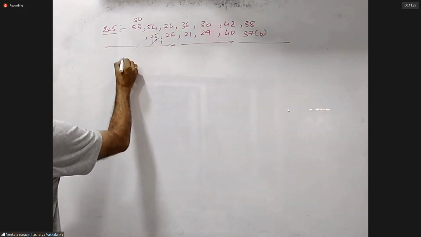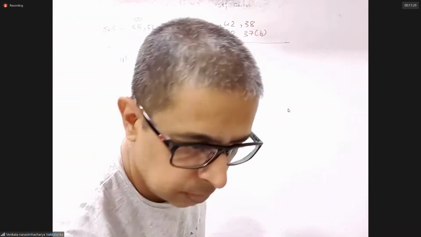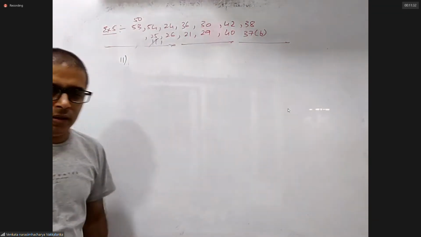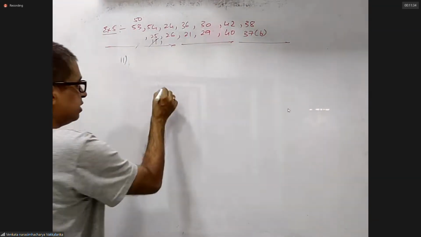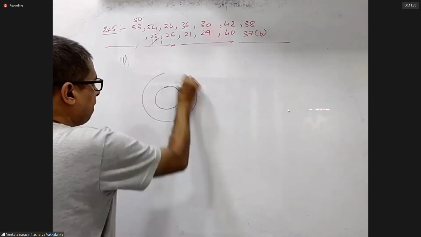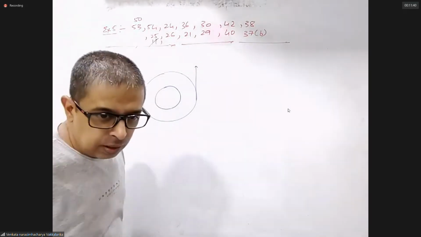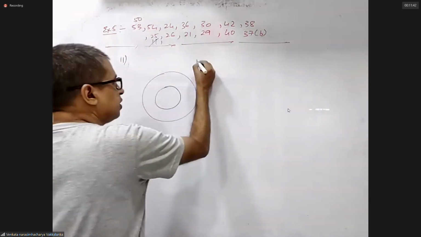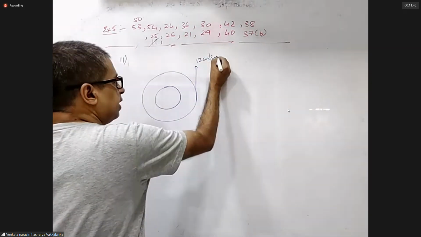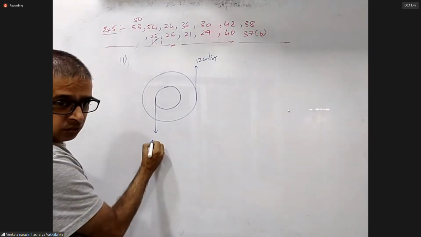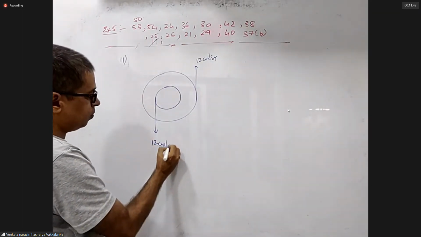Question number 11. In question number 11, the catch is this velocity is 12 centimeters per second and this velocity is also 12 centimeters per second.